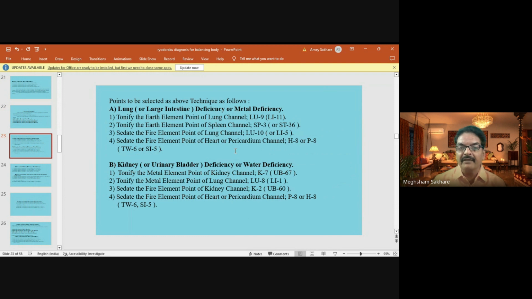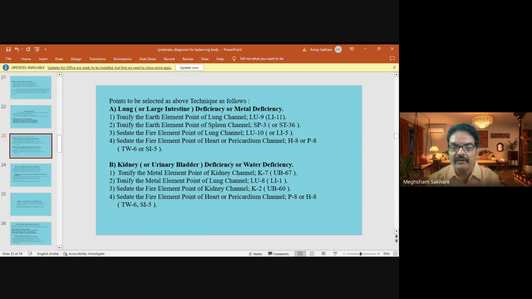Sedate the fire element point of the lung channel, that is lung 10 or LI5. Sedate the fire element of the heart and pericardium channel, H8 and P8 or TW6 or SI5.